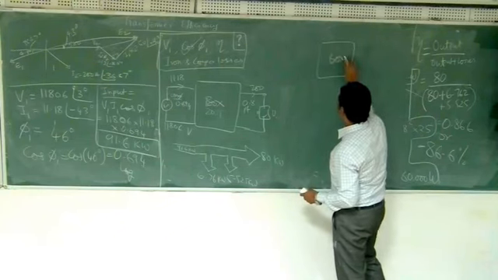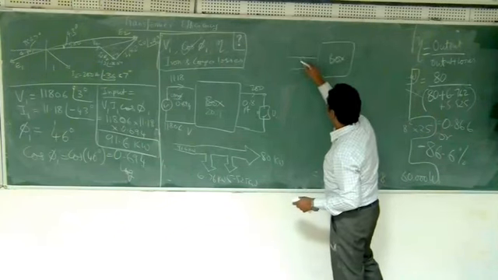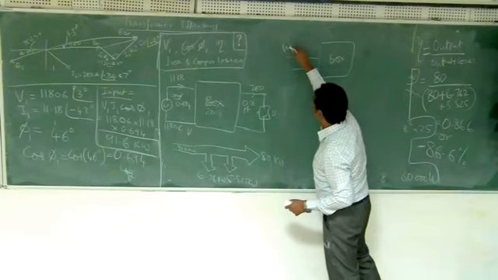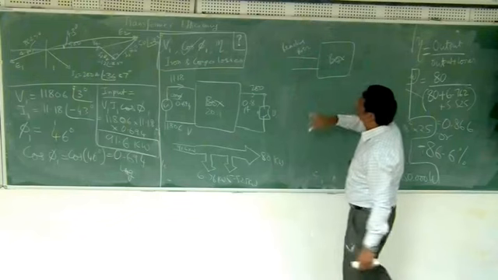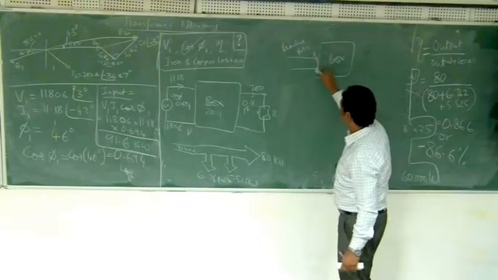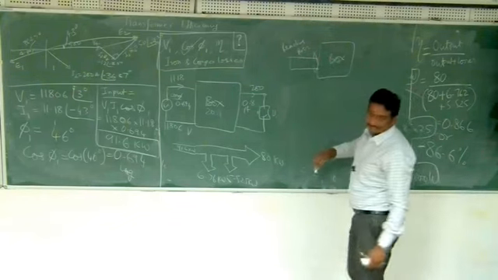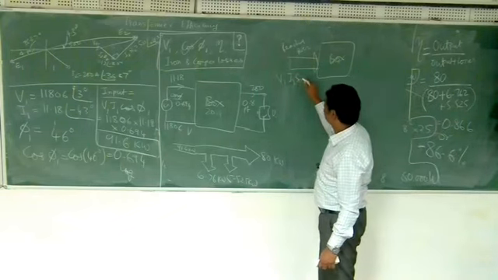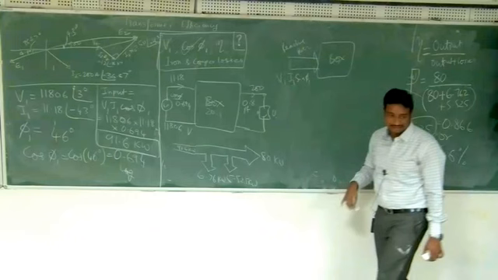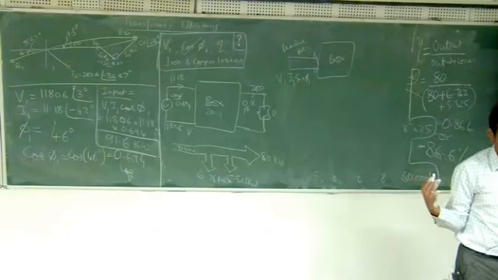It's the same box. How do you know how much reactive power is entering? You will do V1 I1 sine of phi 1. That will be the reactive power entering the box.